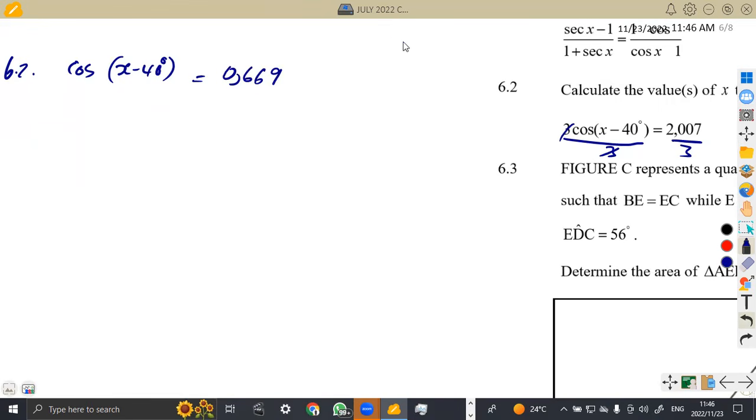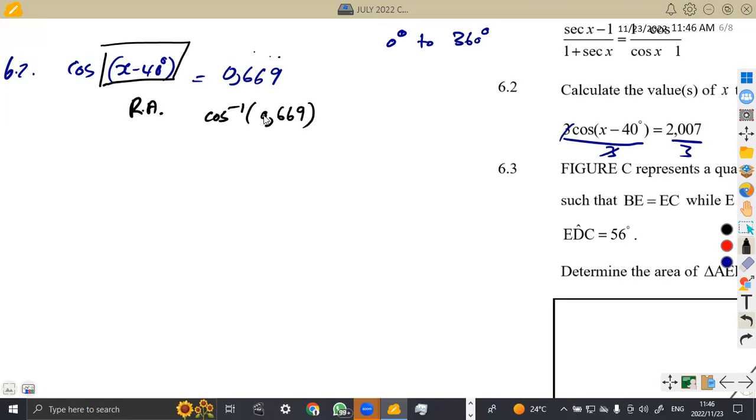Remember, I told you x is supposed to be from 0 degrees to 360 degrees. In order for you to have that, we are going to find the reference angle. Forget about this x minus 40. The reference angle is taken from arc cos of the decimal part that we have, which is 0.669.